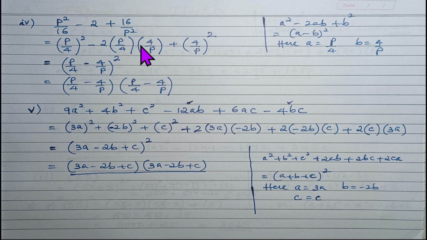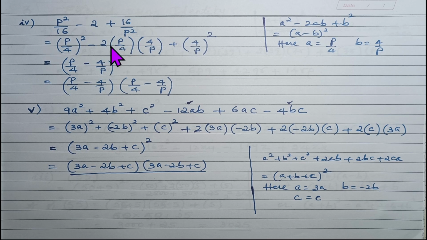Now the next example is p square by 16 minus 2 plus 16 by p square. Again we have got the first term as a square term, third term is also a square term. P square by 16 is p by 4 whole to square, and this will be 4 by p whole to square. Now we have to check whether the middle term is correct or not. Middle term is 2ab, so it will be minus 2 into p by 4 into 4 by p. 4 cancels, p cancels, and 2, 100% correct it is.